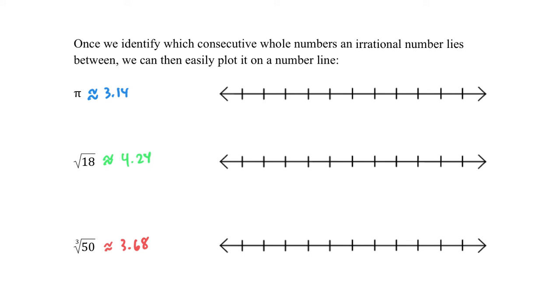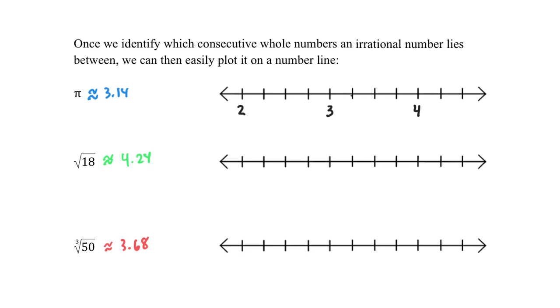The first thing we need to do is plot those on a number line, which means we need to add numbers to our number line. As with any number line or graph, you have to go up by the same amount every single time. It doesn't matter that the number is 3.14. That number does not need to appear on your number line. So we could have 2, then skip 1, 2, 3, and put a 3, and then 1, 2, 3, and put a 4.